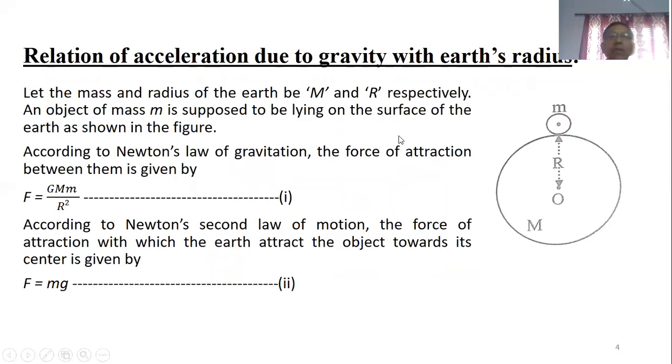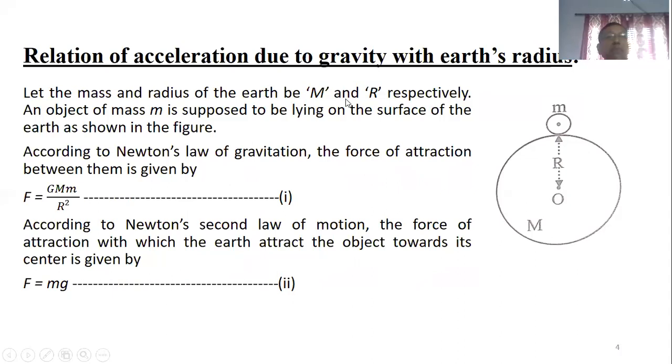We can calculate the acceleration due to gravity of the Earth, and thus we have to derive the formula for the acceleration due to gravity of the Earth. Let us derive it. Let the mass and the radius of the Earth be M and R respectively.